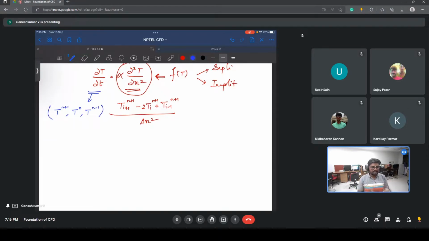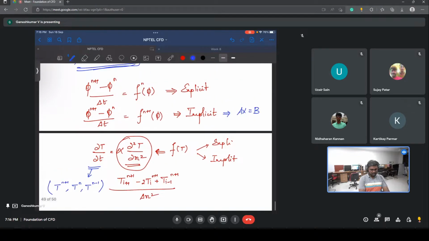So they will construct a scheme for time integration in such a way that they take previous time step values also to find the present time step value. There are a few more schemes like that, time integration schemes.